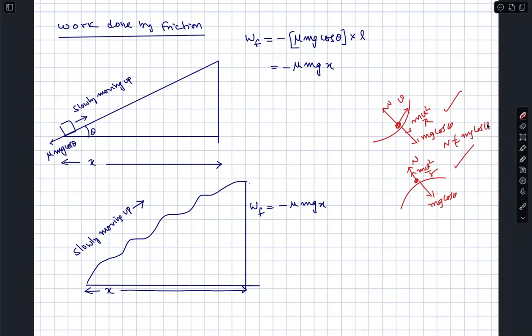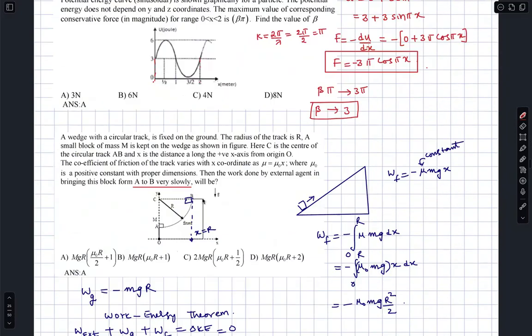In that case, you cannot have this relation. But if you are slowly moving, normal reaction is obviously mg cos theta. mg cos theta into dL gives the horizontal component, dx. Integral dx is x. So this is the concept which I am going to use here.